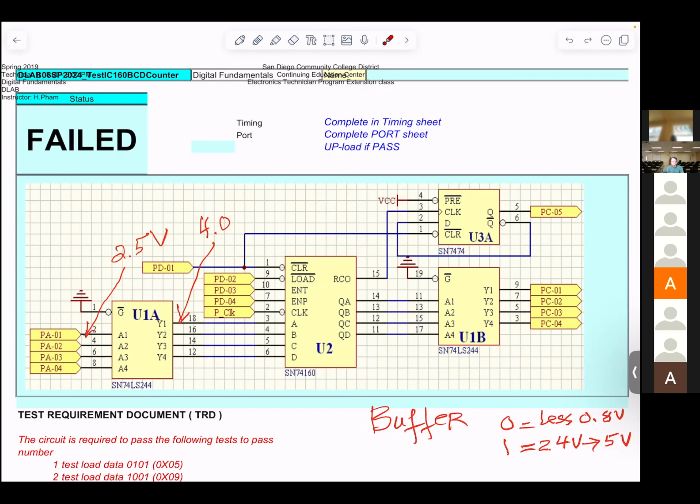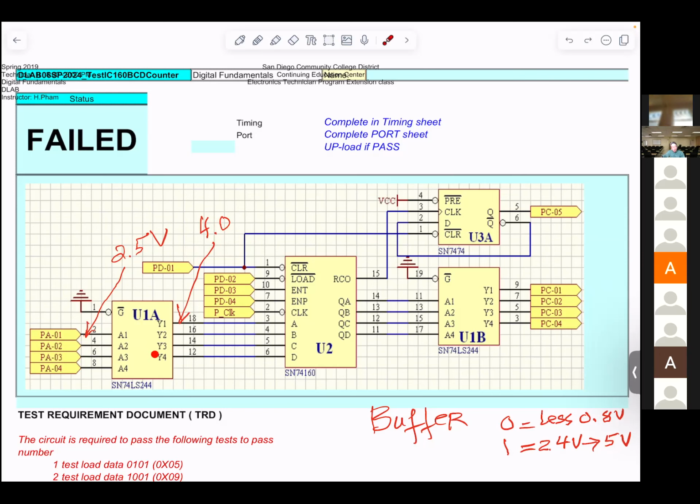So normally when you are troubleshooting, you measure the input pin 2 at 2.5 volt, and you measure the output, and it is not logic 1. So you know something is wrong. What can you do? First, make sure U1 pin 20 is 5 volt power and pin 10 is ground.